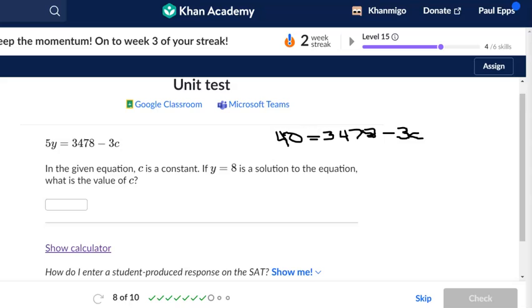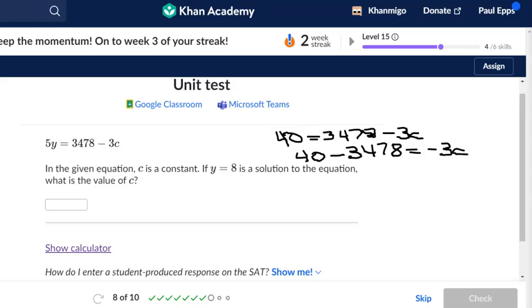All right, now what can we do with that? Let's subtract 3478 from both sides. We'll get 40 minus 3478 equals negative 3c.